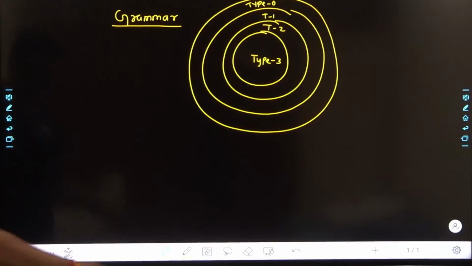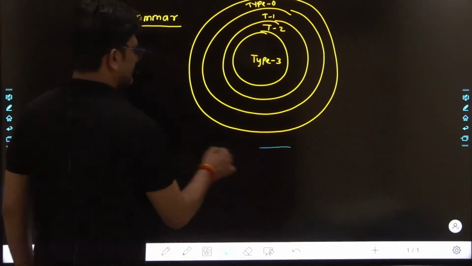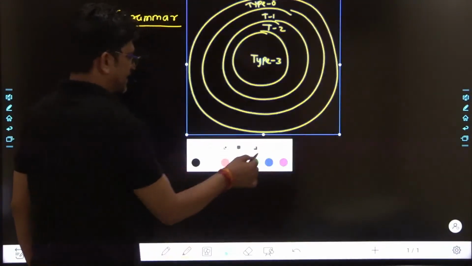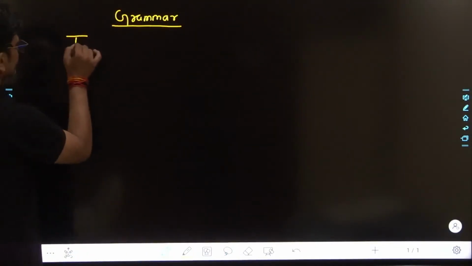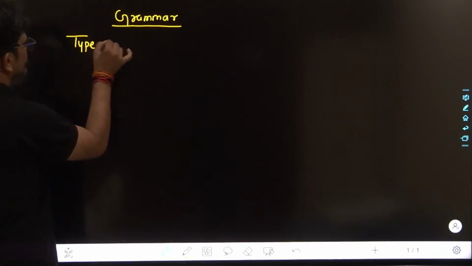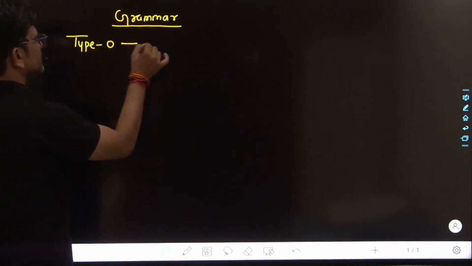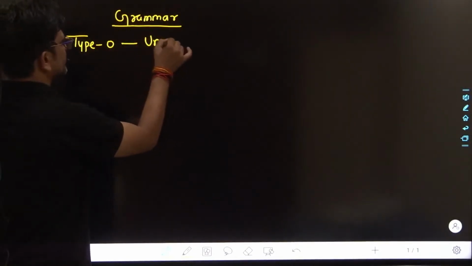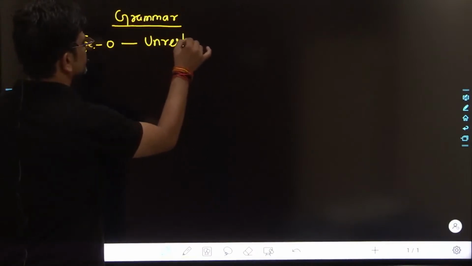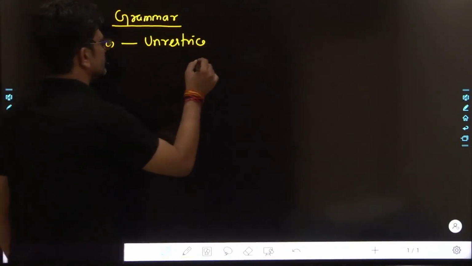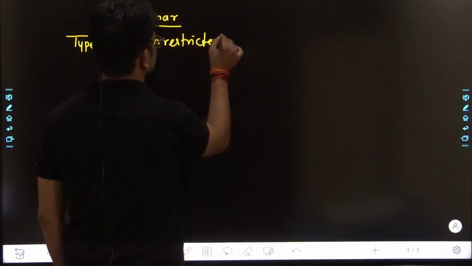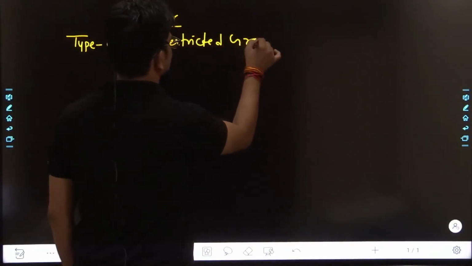Type 0 is also known as unrestricted grammar.